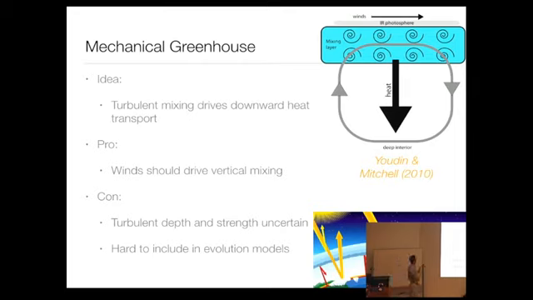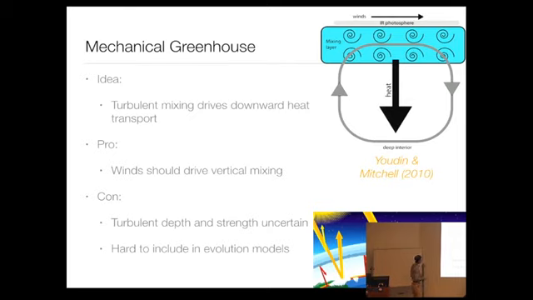And then I just want to mention one idea: another aspect of winds, slightly different from the dissipation of energy, is that winds produce mixing. And one consequence of mixing in a stably stratified atmosphere is that it drives heat downwards into the interior. This is an idea that's fairly hard to avoid. When we have winds, we expect that there's some amount of vertical mixing that goes along with those winds.